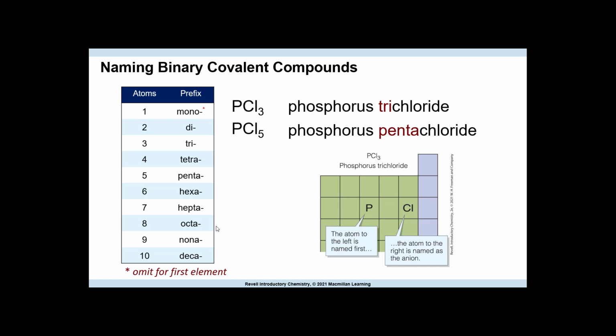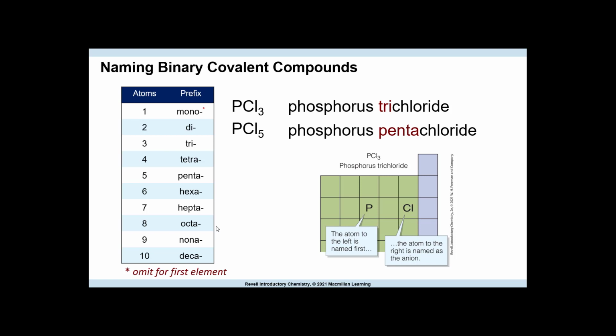When naming binary covalent compounds, we first identify the element that is further down or to the left of the periodic table. So that means the ones closest to the metals. This element is named first, and the full atom name is used. So in this example, we use the name phosphorus. So phosphorus is going to be first because it's closer to the metals. The element to the right is named second, and that's the one closest to the noble gases.